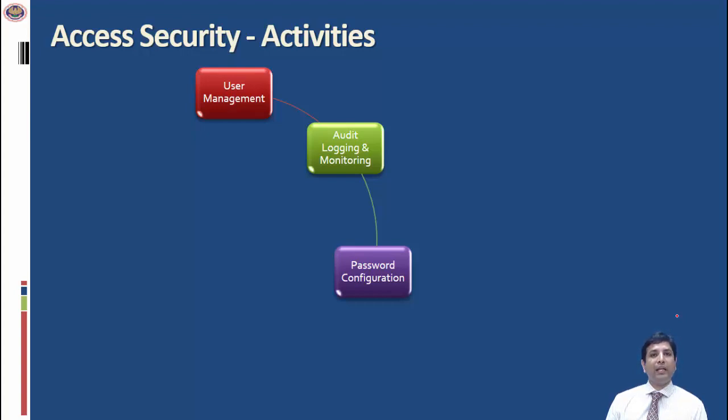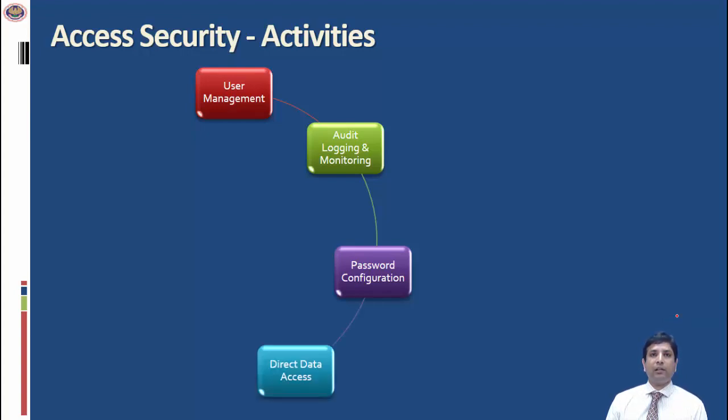As we know, to log into any application, it requires a user ID and password. Keeping the password safe and secure is one of the key controls within the security domain. We will understand more about password configuration, and we will also see examples of how password controls should be implemented or are implemented within an ERP application.